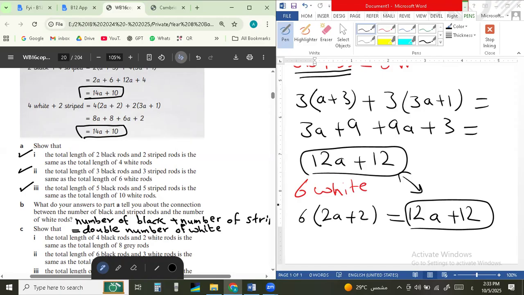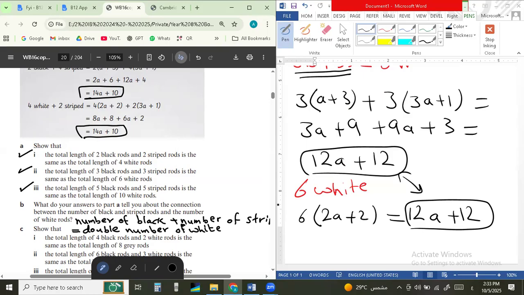Question B, they're asking you, what do your answers to part A tell you about the connection between the number of black and striped rods together and the number of white rods? You're going to find that the number of black and the number of striped is always equal to double the number of white. Look at this.